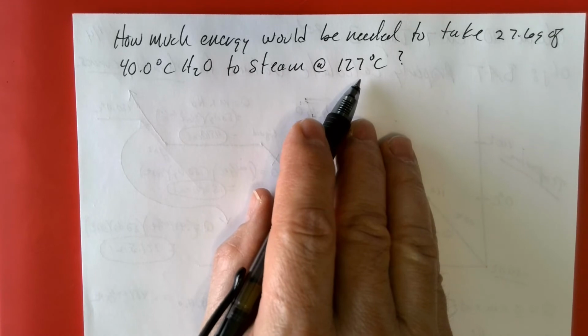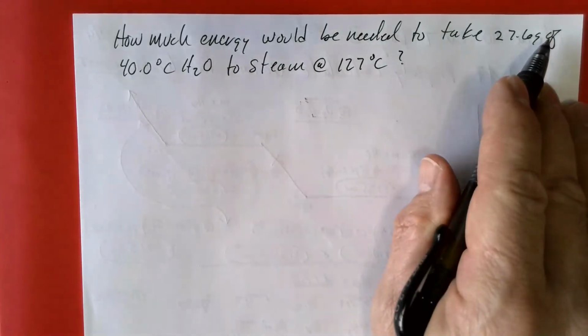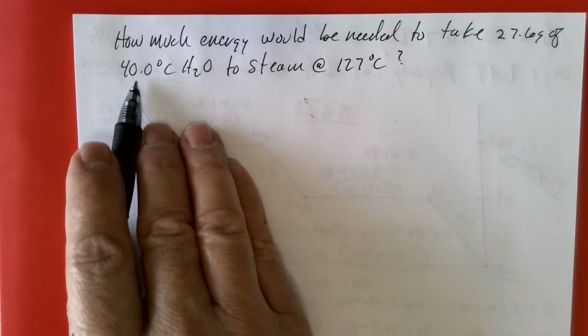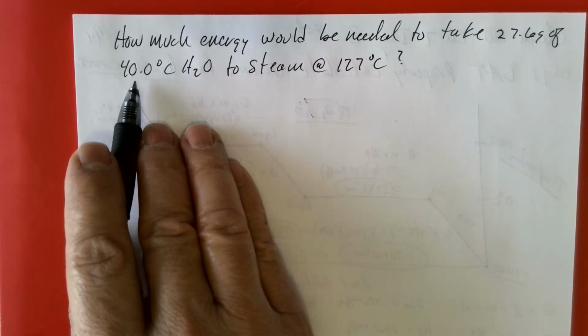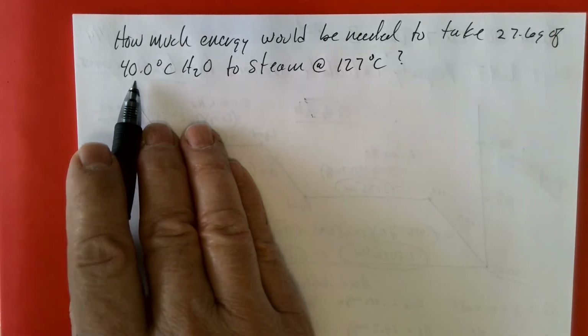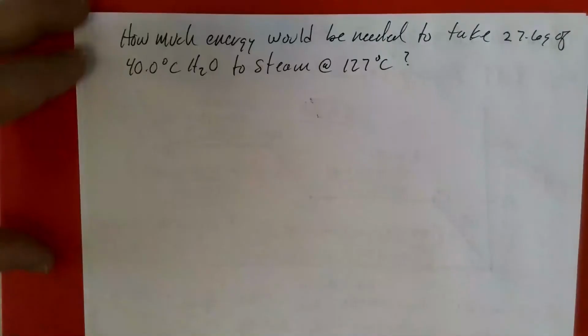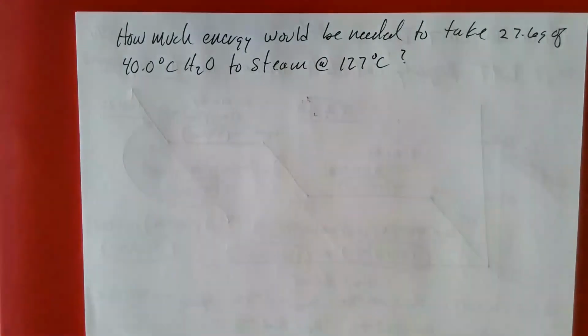Okay, so we're starting as water at 40. I've got to take that water and heat it up to 100. I've got to convert it from water to steam at 100. And I've got to heat that steam up from 100 to 127 degrees.